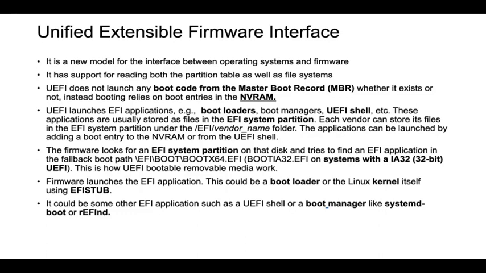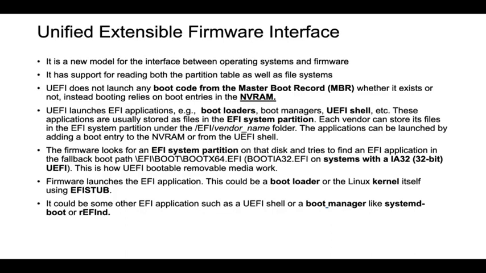UEFI launches EFI applications, for example, bootloaders, boot managers, the UEFI shell, etc. These applications are usually stored in files in the EFI system partition. Each vendor can store its files in the EFI system partition under the /EFI/vendor name folder.